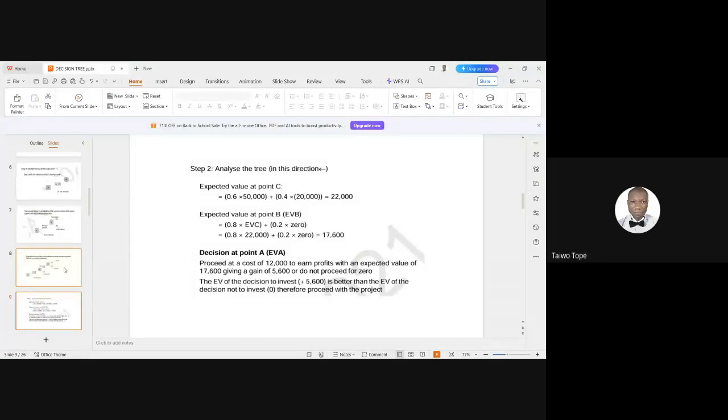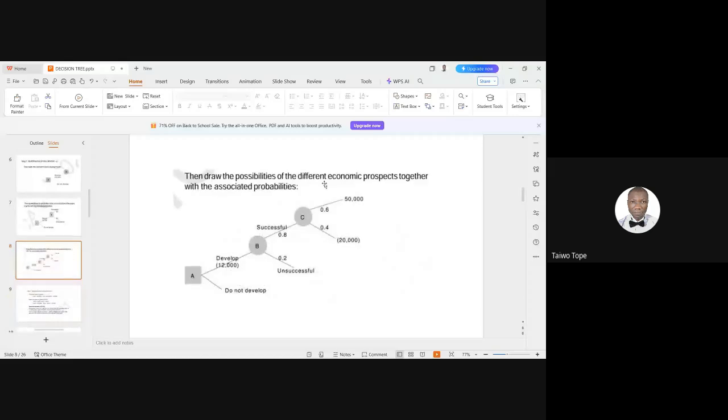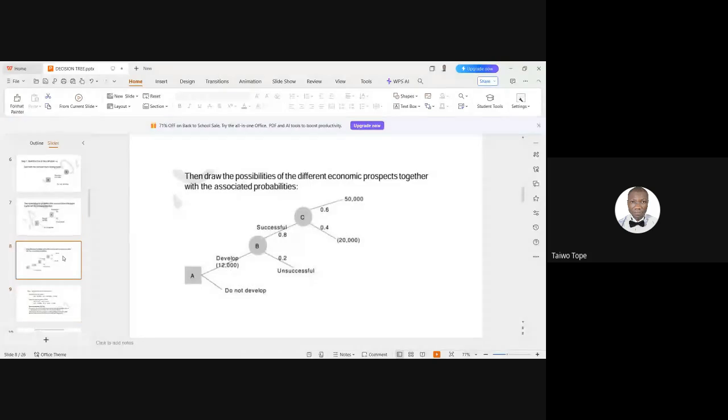So when you add the two together, the expected value at point C will be what? 38,000.